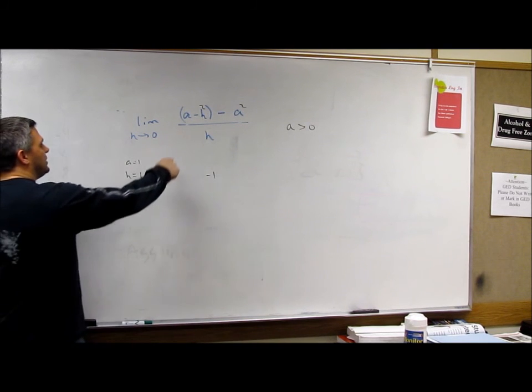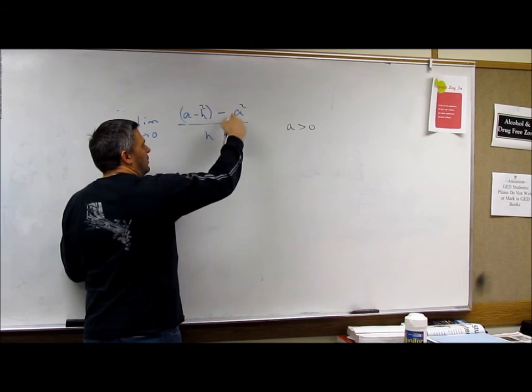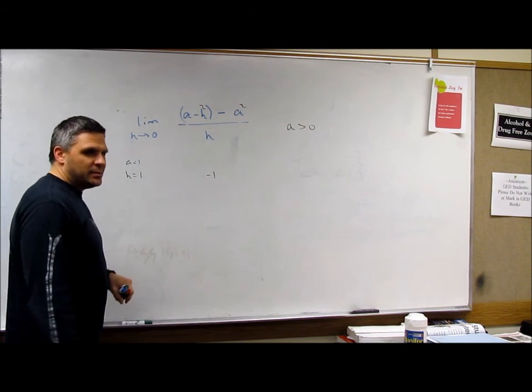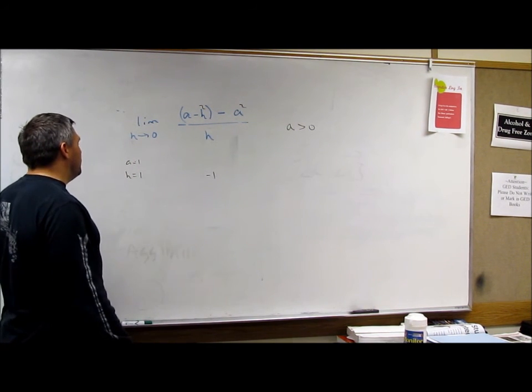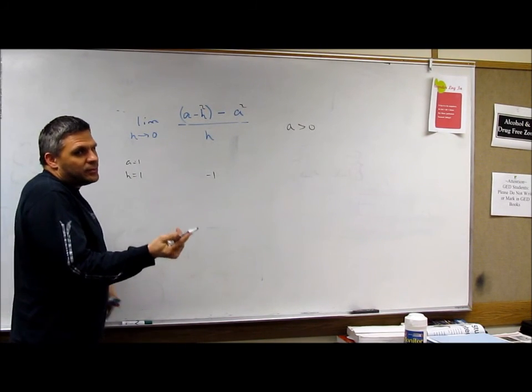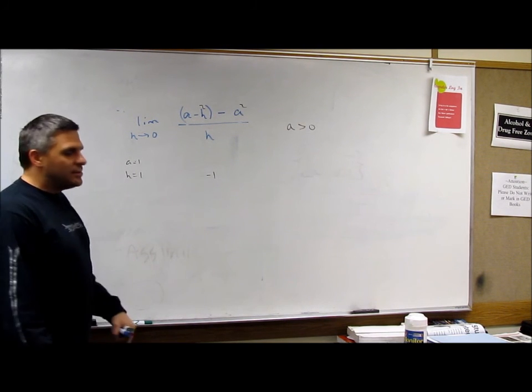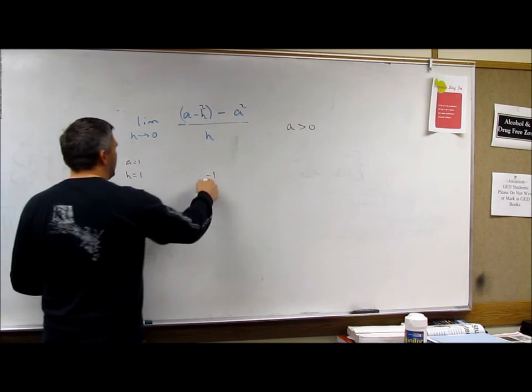Right? Because 1 minus 1 minus 1, right? So I got 0 minus 1, which is -1, divided by 1. It just gets me back to that -1 here.